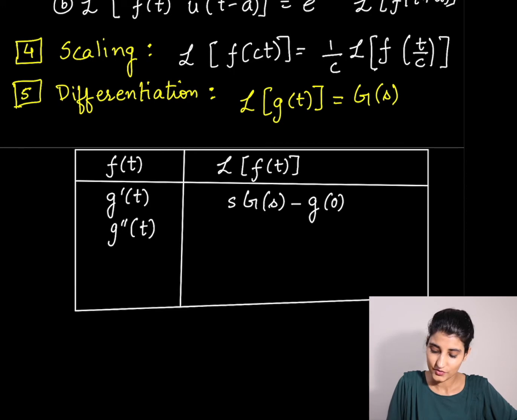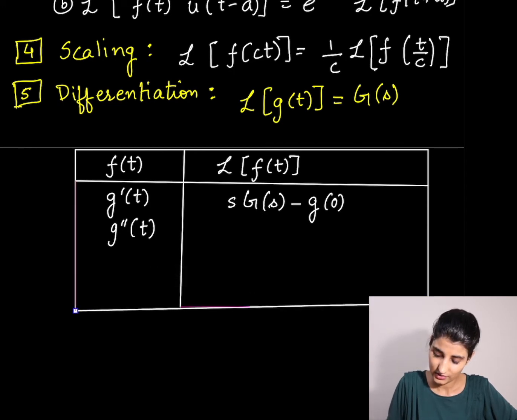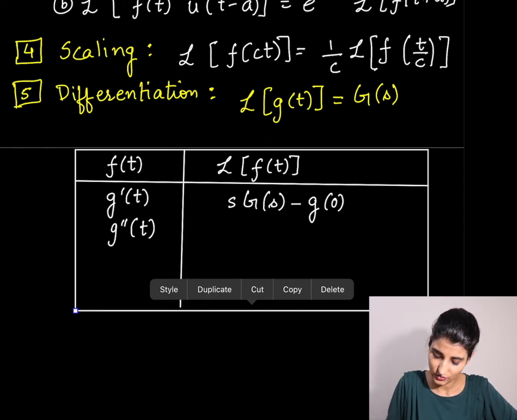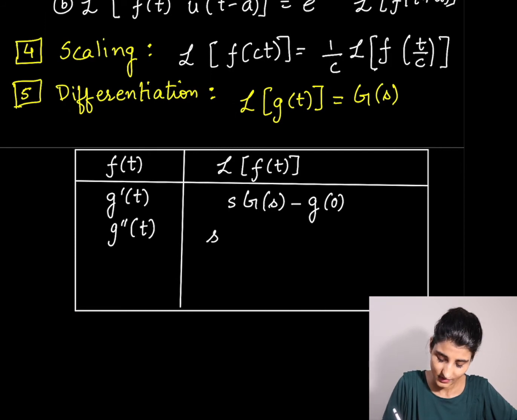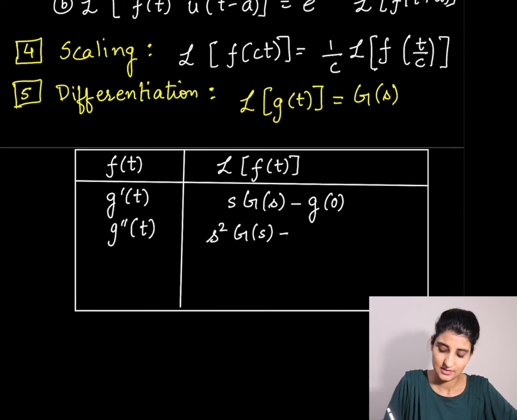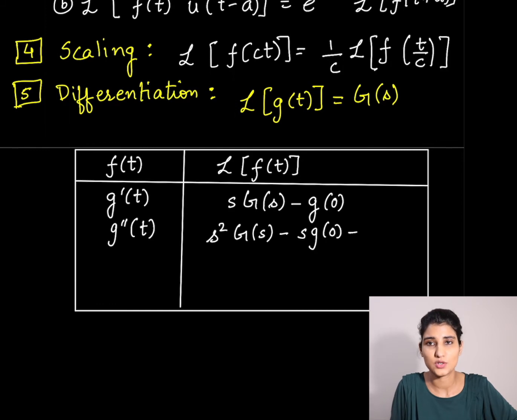The Laplace of second derivative is equal to s square G(s) minus s times g(0) minus g prime(0). Only the first term here is positive, all other terms are negative.